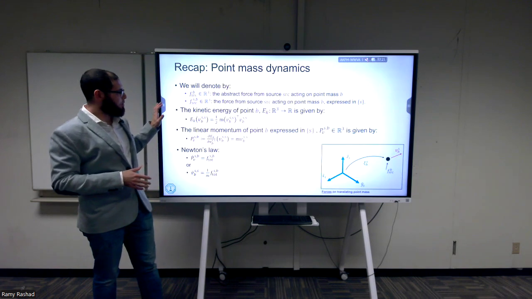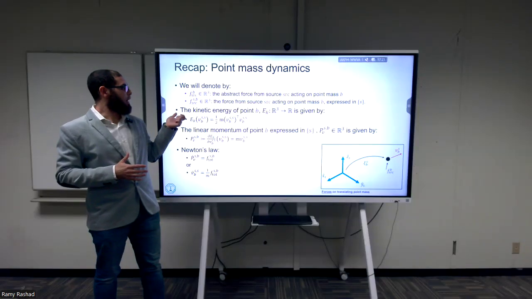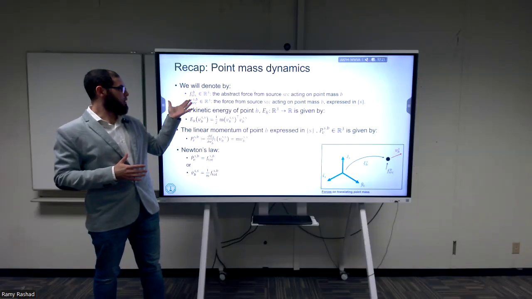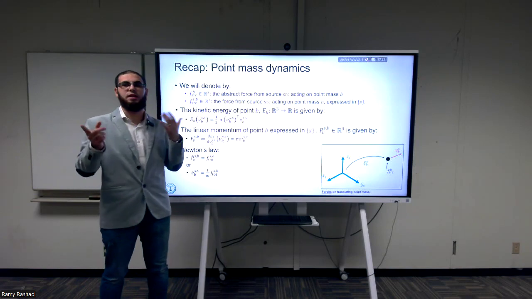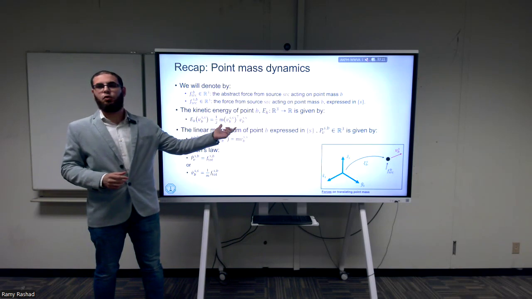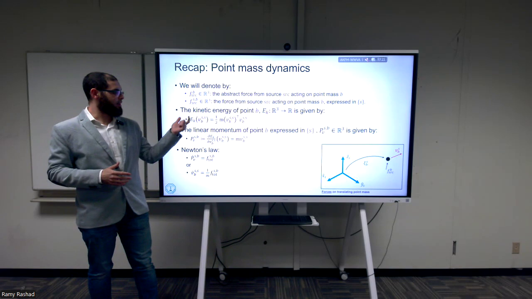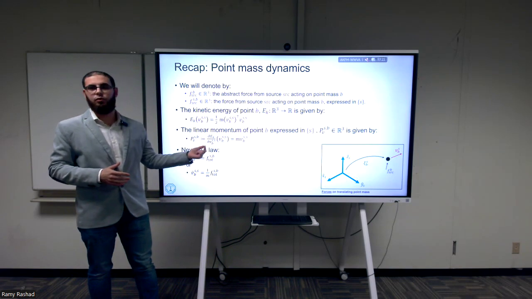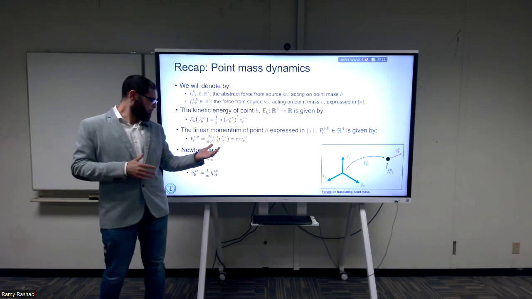Our approach was to start from the kinetic energy, and then we introduce the force. For example, in the case of the point mass, we only have velocities and forces. The kinetic energy is half mv squared, but written in a vector format. The momentum is the gradient of this kinetic energy with respect to the velocity, which is what you know as mv.